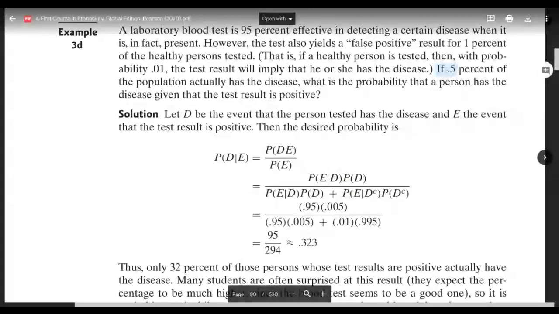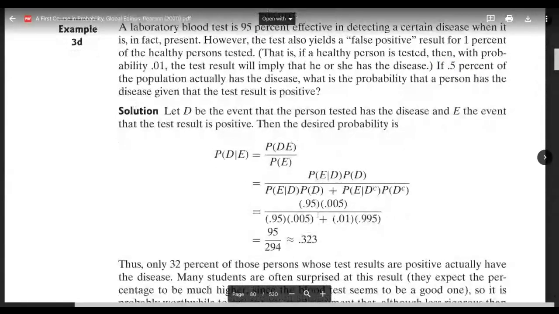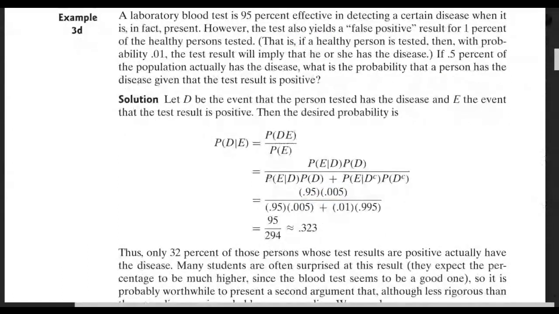First, we have 0.5%. We have 95% positive result. We have 0.5% actually has the disease. So the numerator we have, then the denominator. This one is the same as the numerator. We just have to calculate this other part, which is 1 minus 0.005.